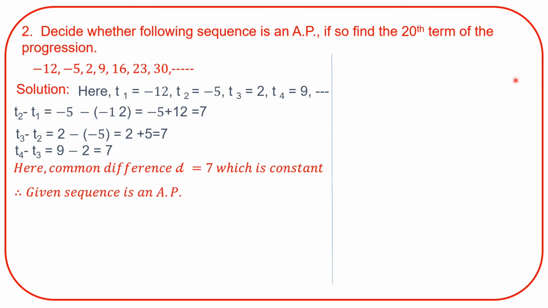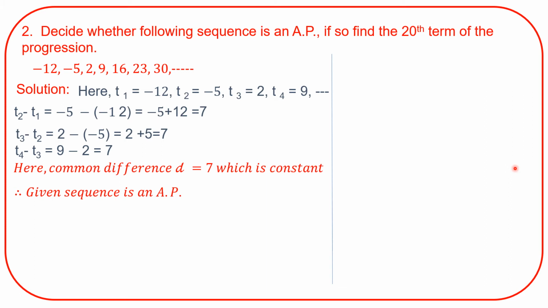This is an AP. So, next part, find the 20th term of the AP. For finding the 20th term, we know the formula and use it. Nth term formula: Tn is equal to A plus in bracket n minus 1 bracket complete into D. So we need the value of A, D and n.